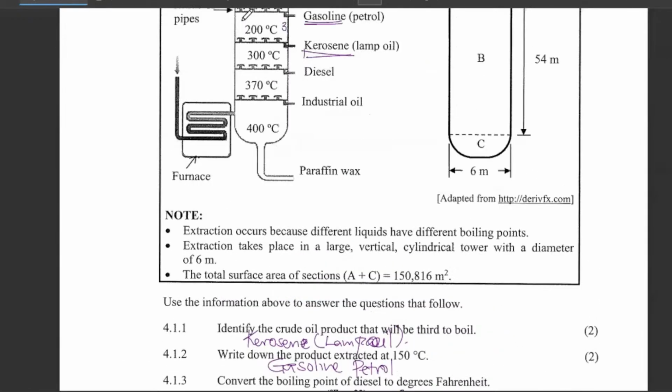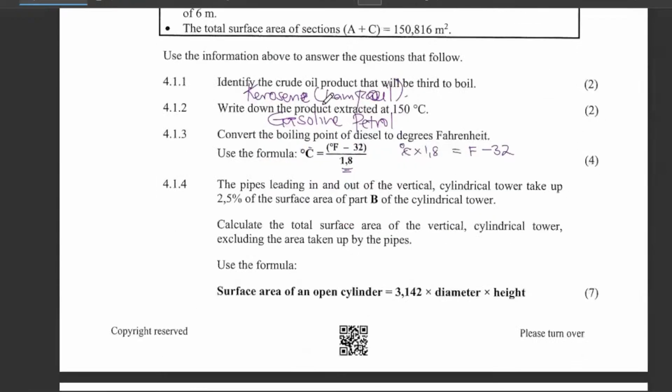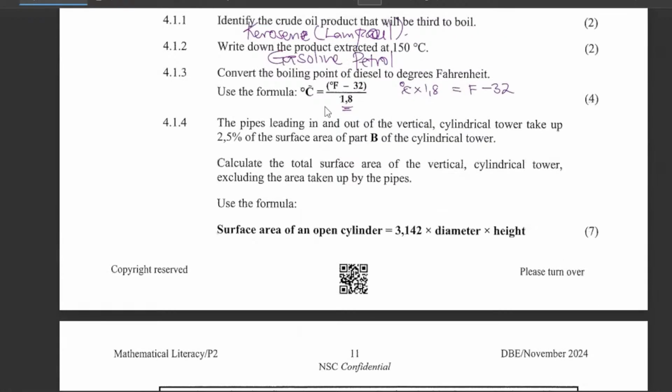So I look at diesel. Diesel is this one here, the 300. So we put the 300 here, multiply by 1.8, and we add on the 32, because this 32 has to jump over the side, and because you're looking for F, it has to remain alone.